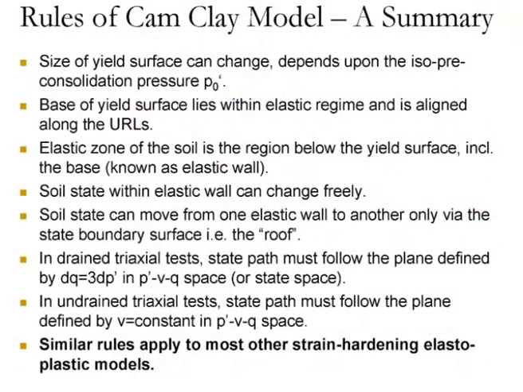The second thing is, in the undrained triaxial test, your state path must follow a rule. In the drained test, your path has to move within this plane. In the undrained triaxial test, when you look at the floor of the house, remember when I told you, you look at the VP plane, and essentially when you look at the floor of the house, it's a horizontal straight line. Why? V is a constant, correct?